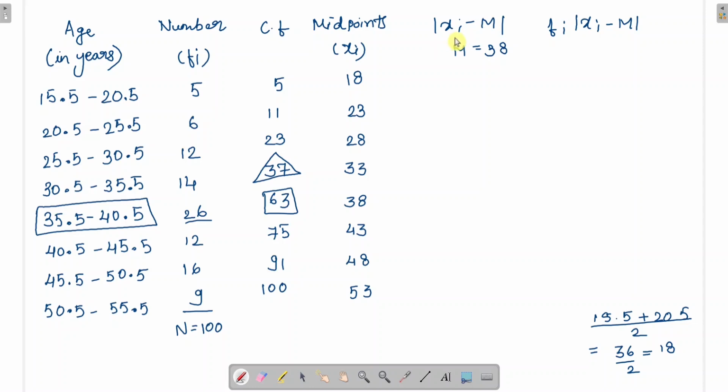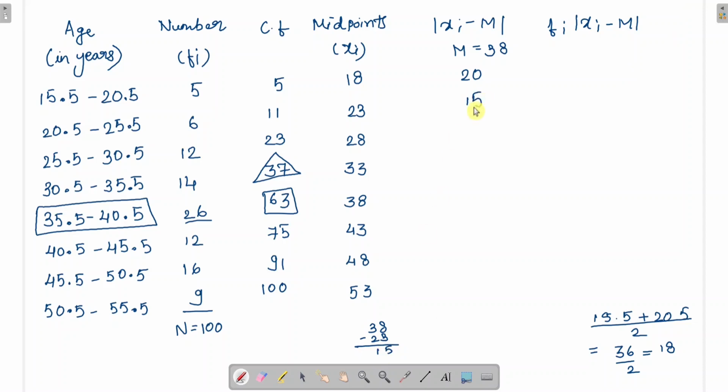so modulus of 18 minus 38, that is modulus of minus 20, which is 20, then modulus of 23 minus 38. Okay, so 38 minus 23, so 15.